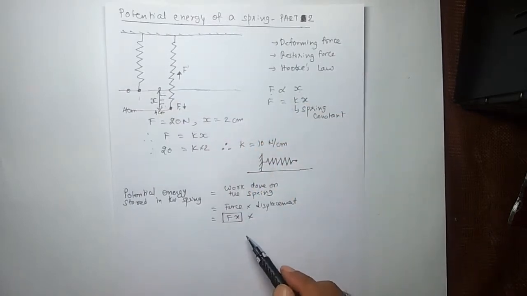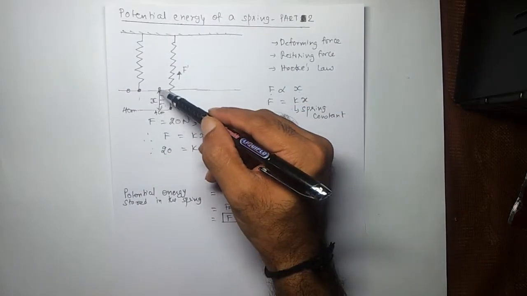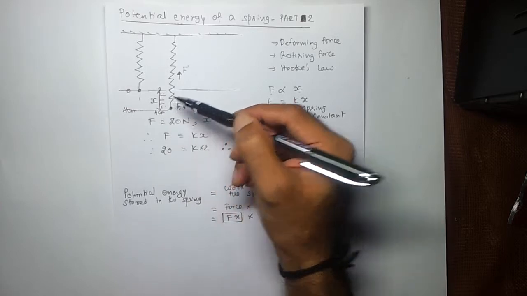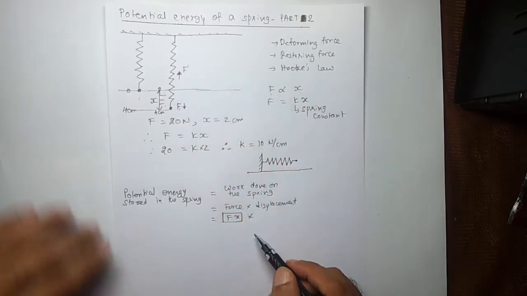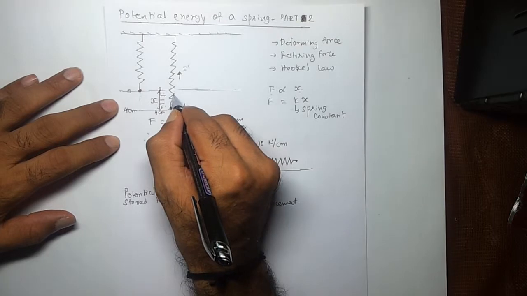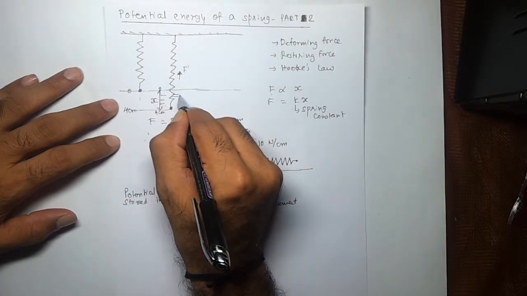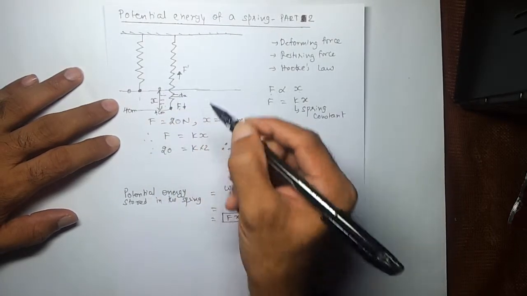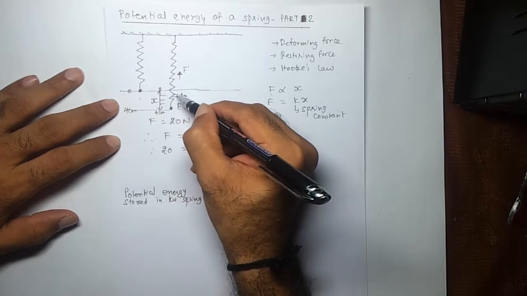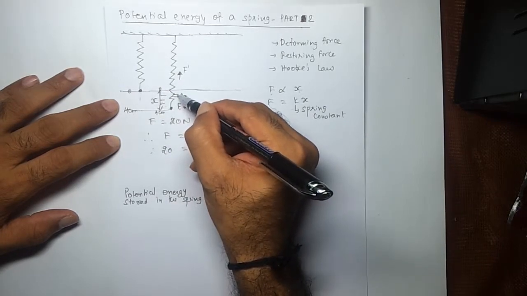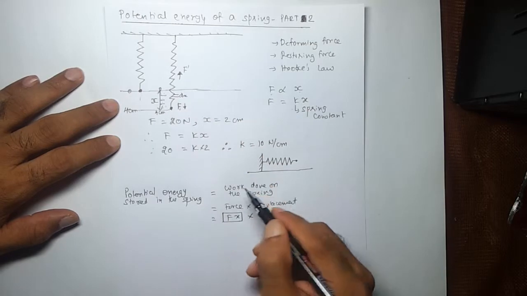And so I'll have to use integration between the limits of 0 and x to find out the work done. For doing that, I'll take up a very small displacement, let us say dx, between 0 and x. I'm focusing my attention on an extremely infinitesimally small displacement dx.